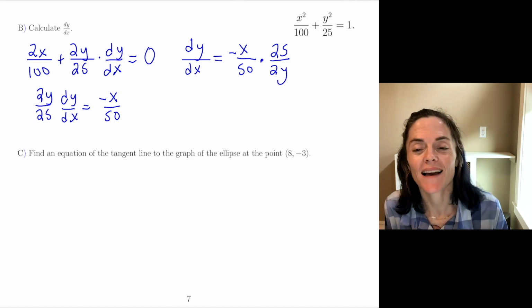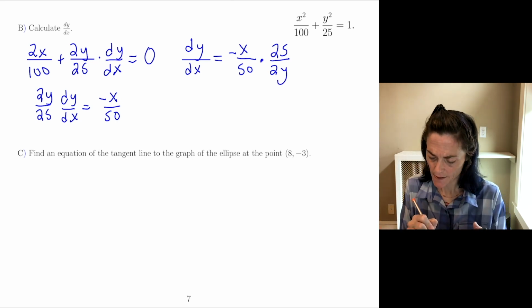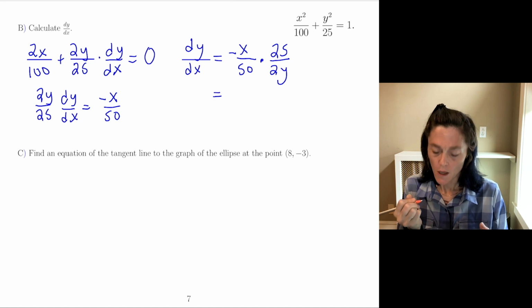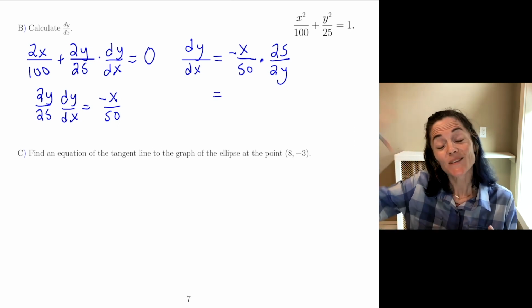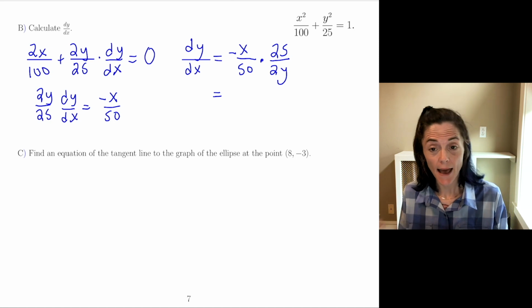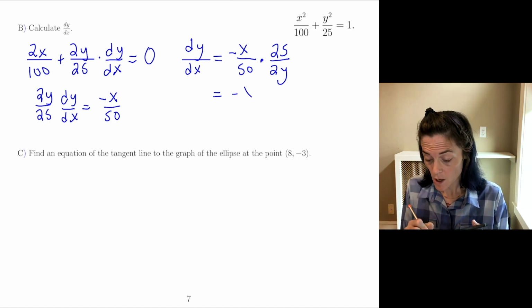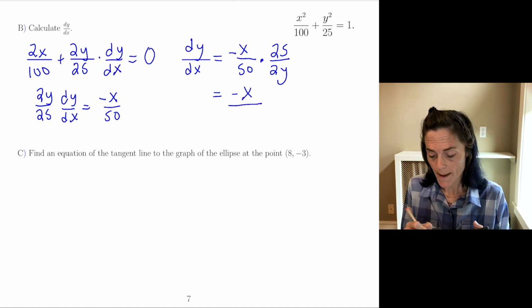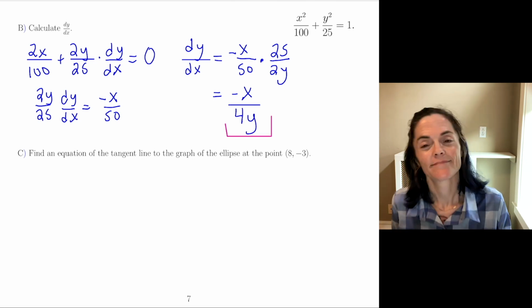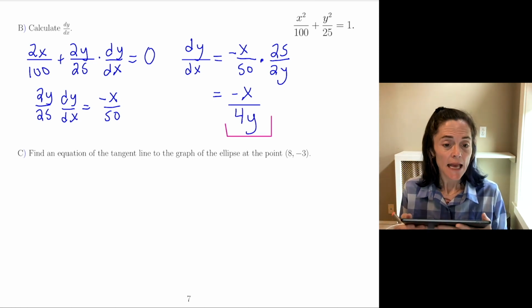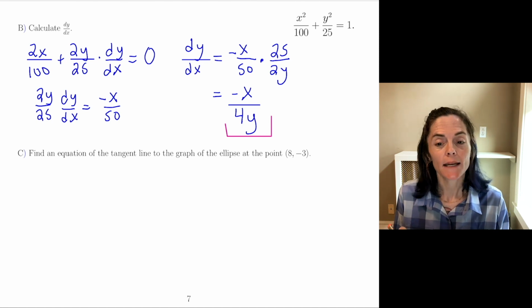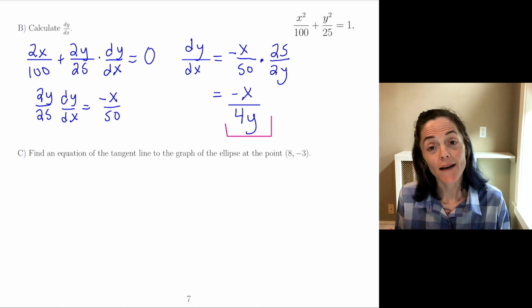Now I can simplify this somewhat, so let's do that here. You notice 25 over 50 is the same as a half, so I get minus x divided by 4y. This is dy/dx.